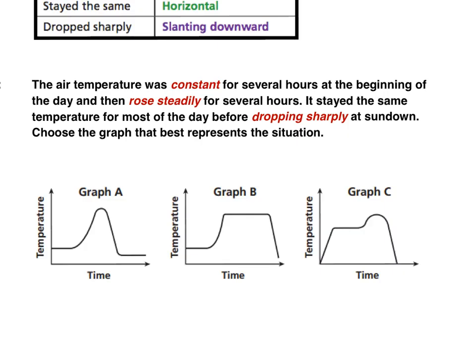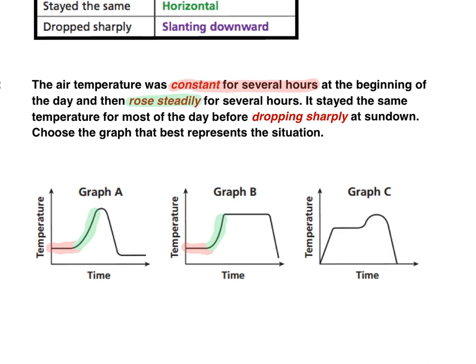In example 1, it says the air temperature was constant for several hours at the beginning of the day. Well, looking at the graphs, graph A and B both show a constant, a straight line for those hours. And then rose steadily. Rose steadily is going to be an increase. And again, graph A and graph B both show that.